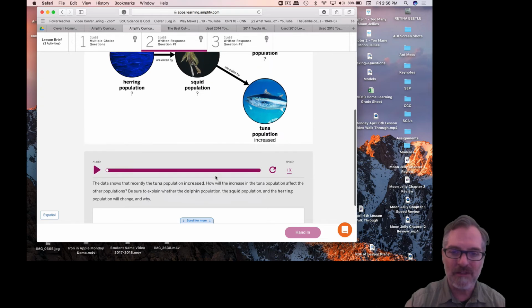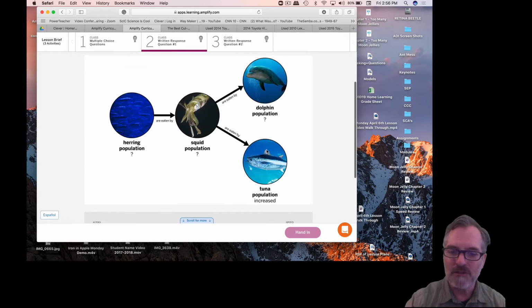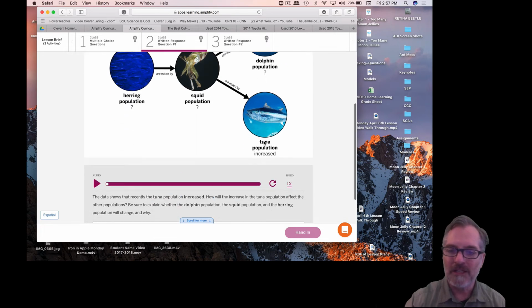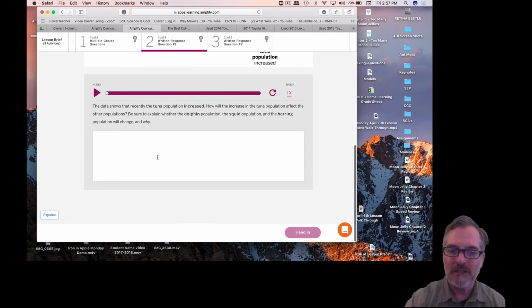It shows here that the tuna population increased. So if the tuna population increases, how is that going to affect the dolphin population, the squid population and the herring population? That's why there's a question mark here and on the squid and here for the dolphin. And it's indicated here that the tuna is increased. So go ahead and write in your response there and then hand that in.